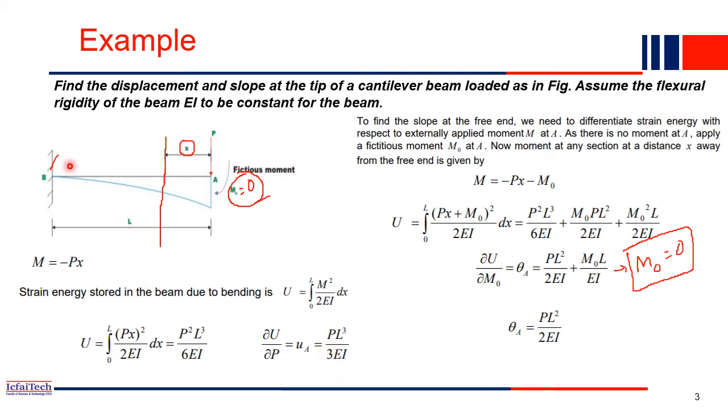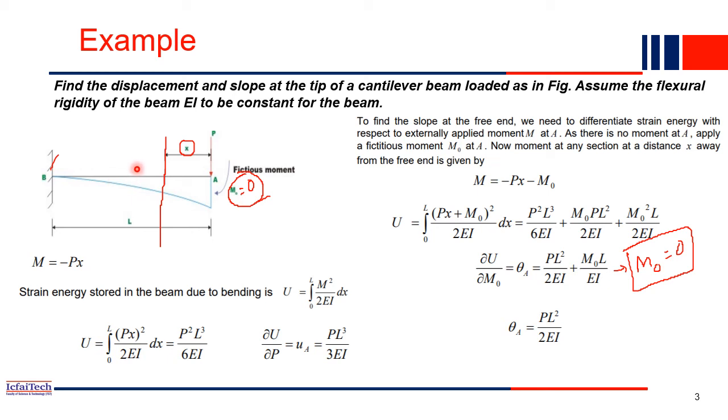So at any point we can now find the slope and deflection using this method. Just write the strain energy and differentiate it with respect to the point load where it is acting. For example, if you want to find the deflection at the middle, although no force is acting there, we have to derive with respect to the force at that point.